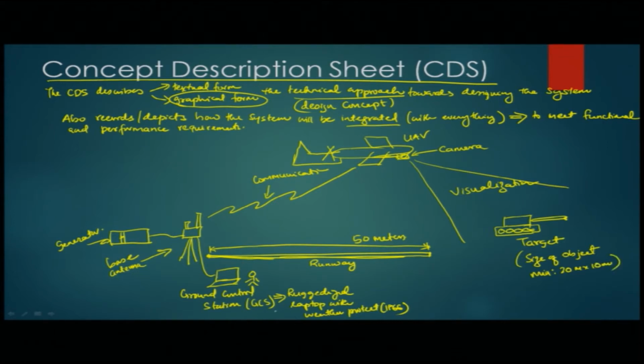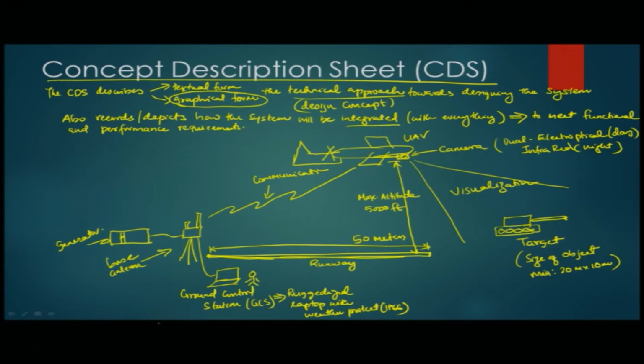Then we can also write some stuff like this, that max altitude 5,000 feet, right. Camera, you can always put dual electro optical for day, infrared for night vision.